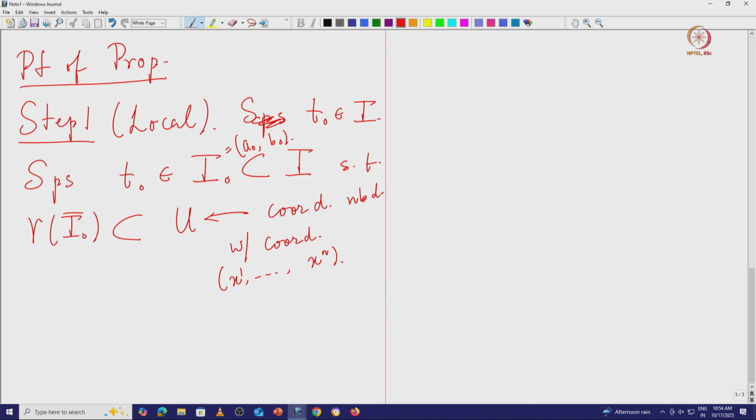Okay, so the picture is that you have your M, your gamma might be a really long curve, your t0 is this point, you take a little coordinate neighborhood around this, and then this is going to be gamma of I0 closure.